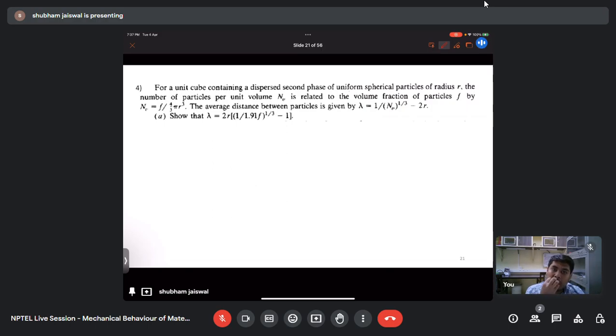The average distance between particles is given by lambda equal to 1 upon NV to the power 1 by 3 minus 2r. And they are asking us to prove that lambda equal to 2r into 1 upon 1.91 f to the power 1 by 3 minus 1. It's a very simple question. You can answer it.